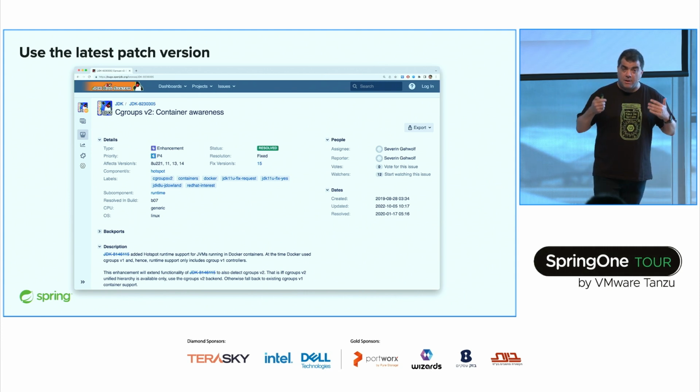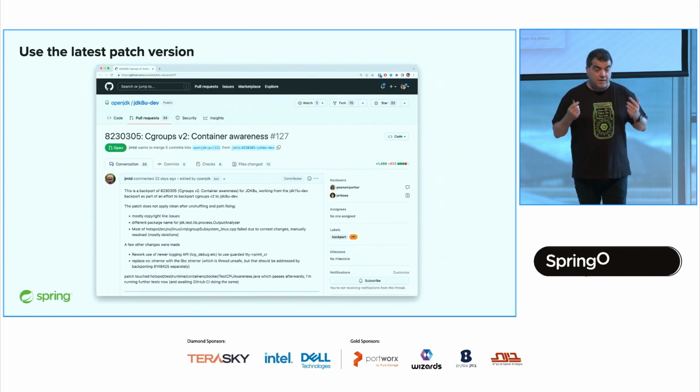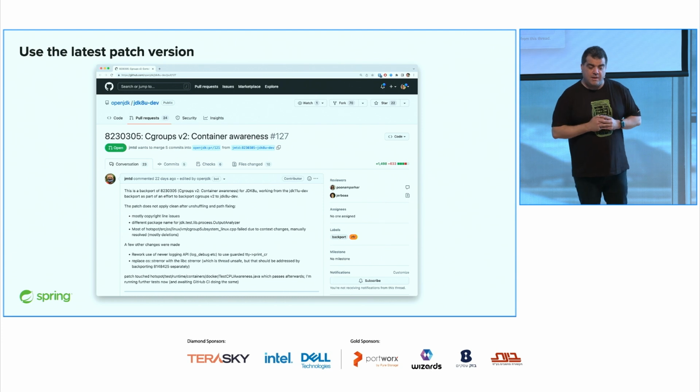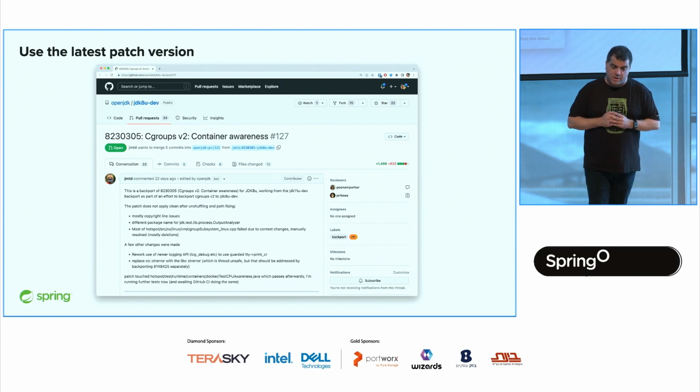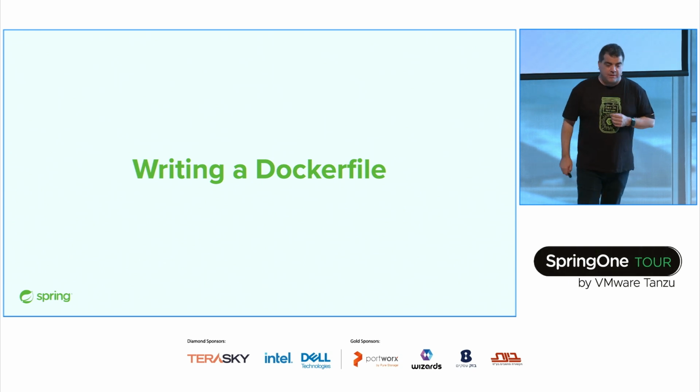Up until today, it is still using the older version. And in Java 8, in fact, it is still using version 1. It is still in active development at the time of this talk. So every time you can, upgrade to the latest patch version, or you're going to get quite problematic performance in the future.